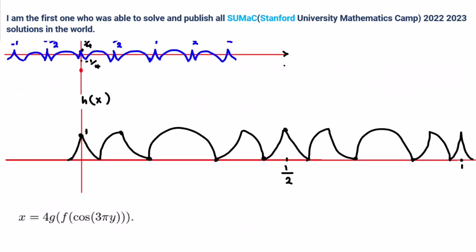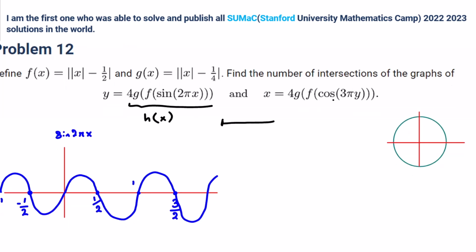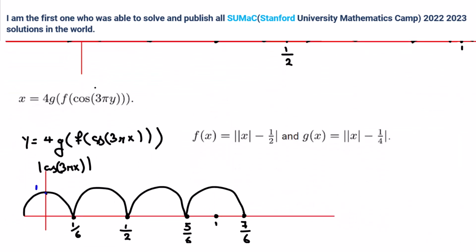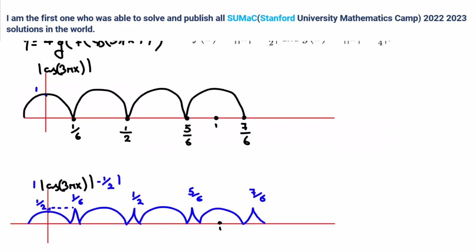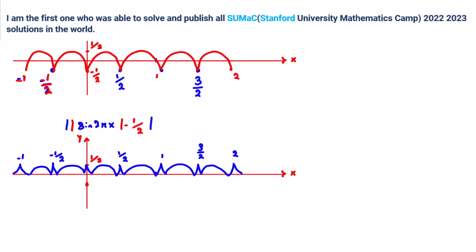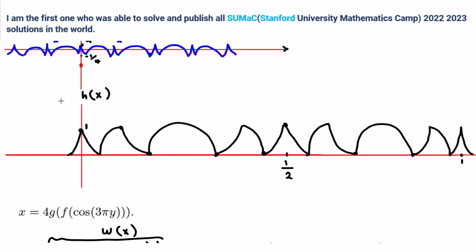Okay, now let's consider h of x. Let's consider the first one is h of x, and for example, this one that we drew is w of x. So here it is w of x, and the first one, let's copy h of x.